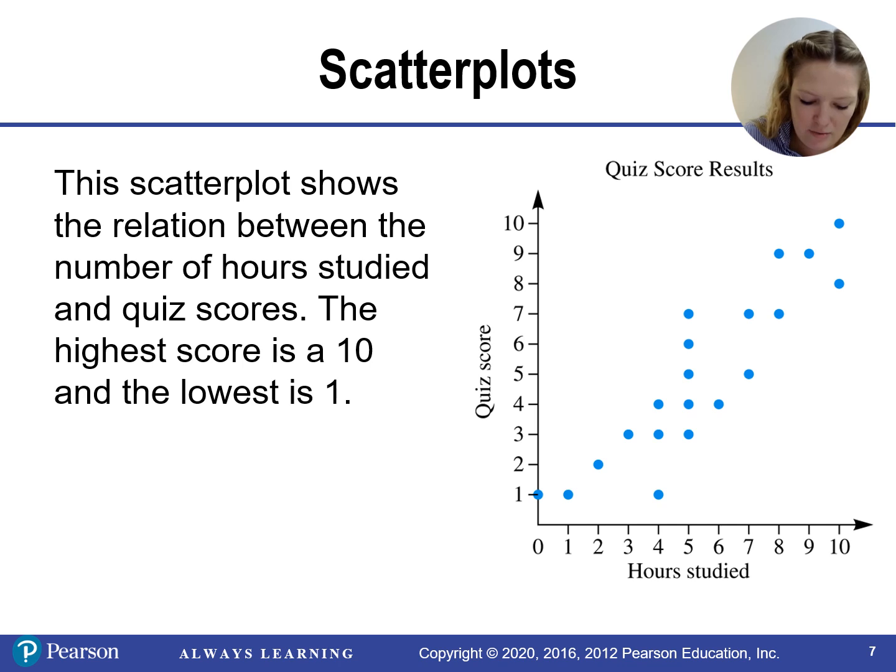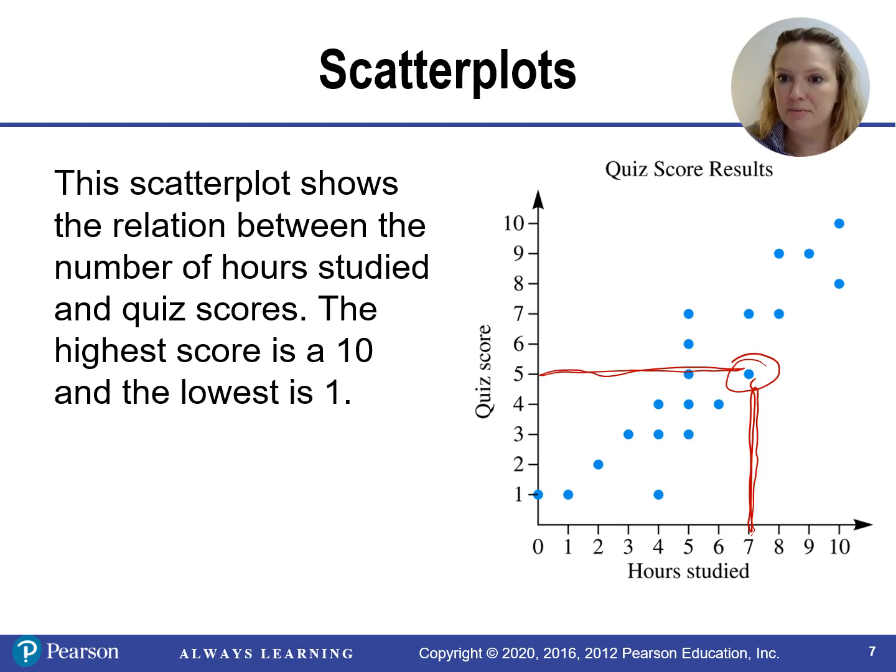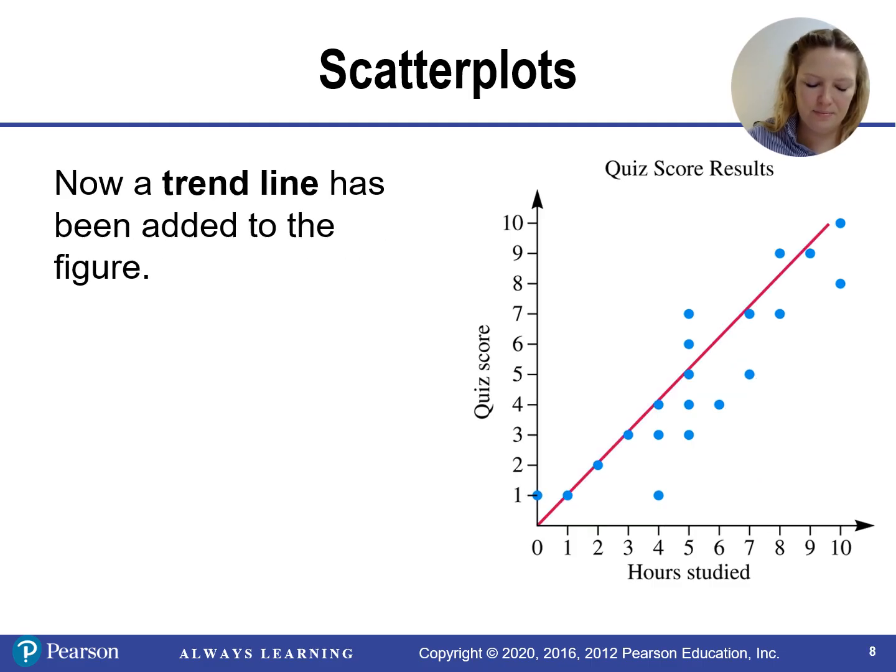So we can look at each of these data points and interpret something about them. Here, this data point tells us that a student studied for 7 hours and they got a quiz score of 5. So each of these data points tells us a number of hours and the score received.